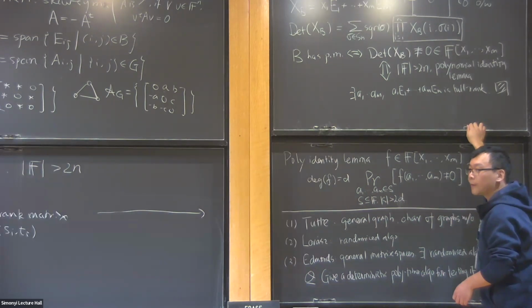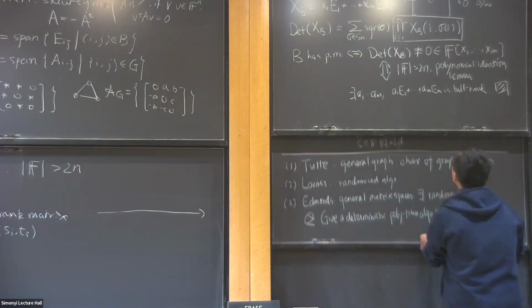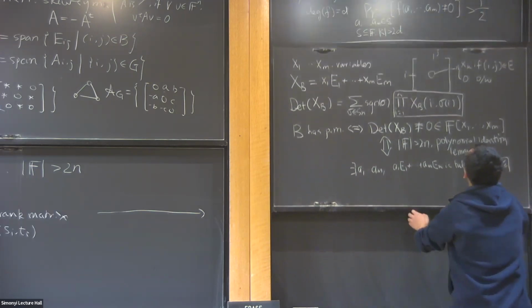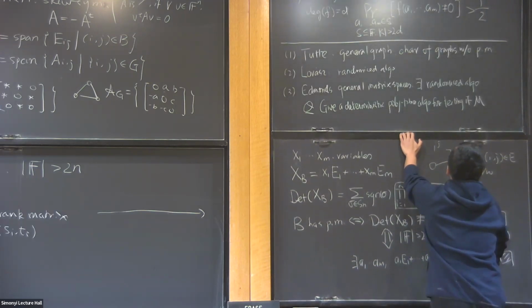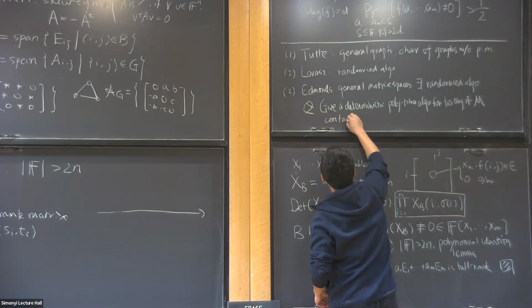A general matrix space is given by a basis.